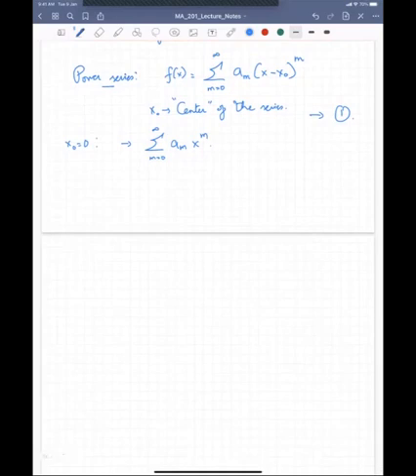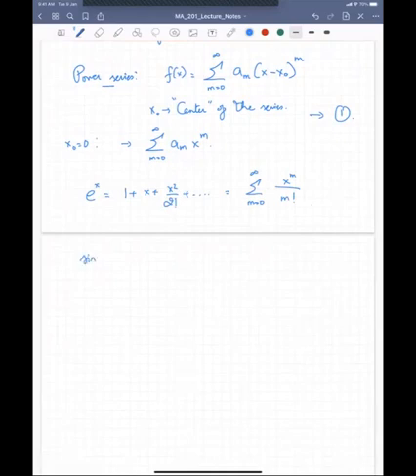For example, you know by now that e to the x can be written as 1 plus x plus x squared over 2 factorial plus so on and so forth. And you can also write this in this compact notation, the sum from m equals 0 to infinity of x to the m over m factorial. And this compact notation will be very useful for us while we solve certain problems.